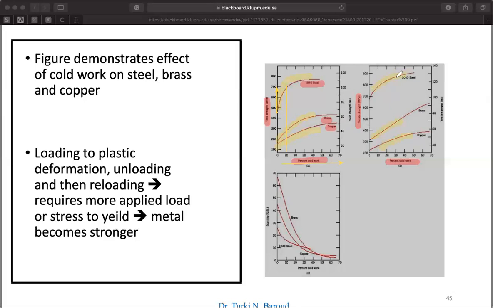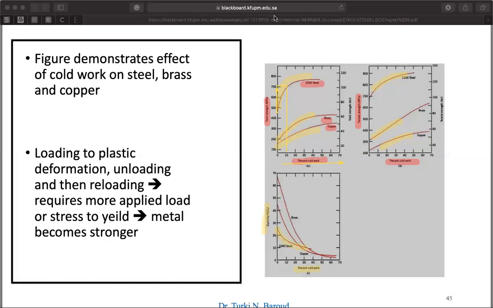But also we learned before, if you increase the strength of the material, you will be losing something. You're going to sacrifice something that is very important as a mechanical property, which is the ductility of the material, right? So if you look at the ductility represented in elongation percentage, you see that the more cold working you do, the more you're going to reduce the ductility of the material.